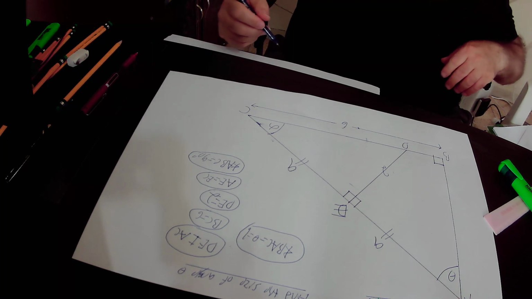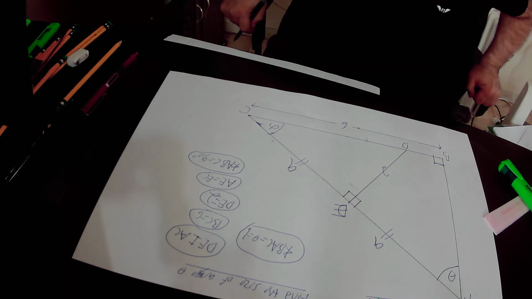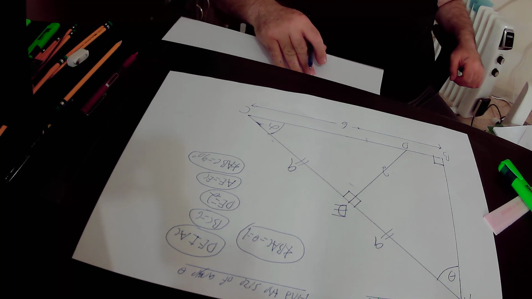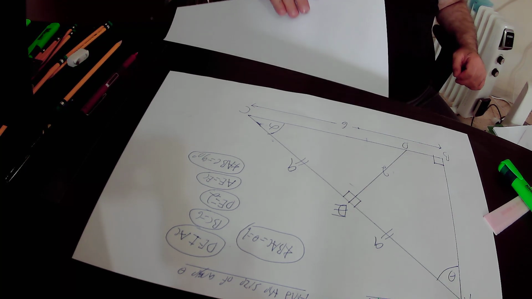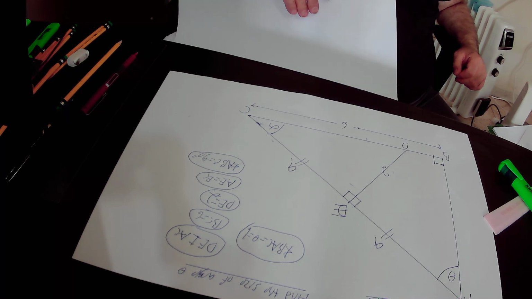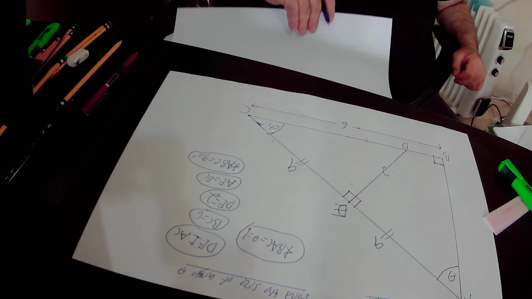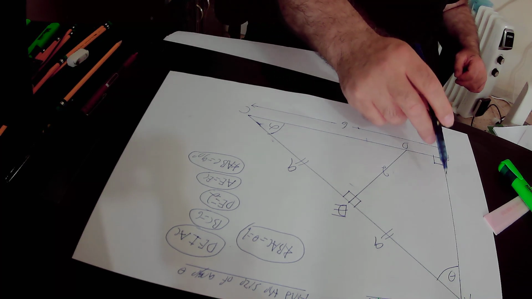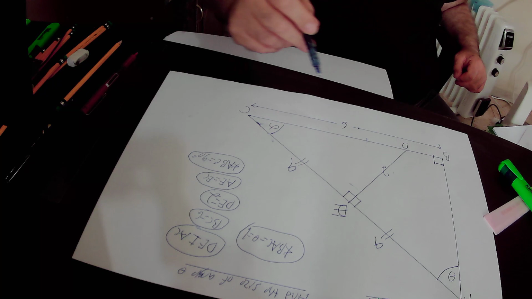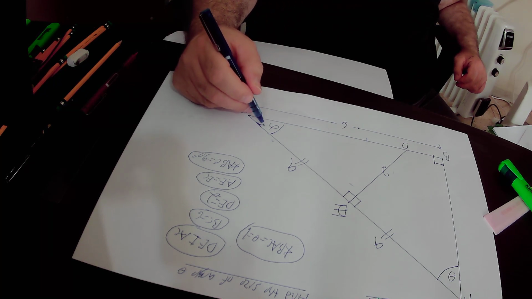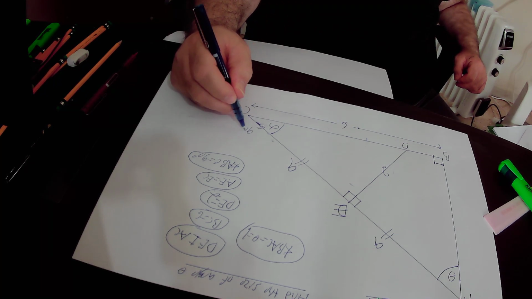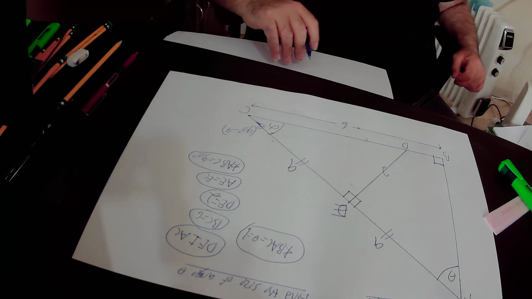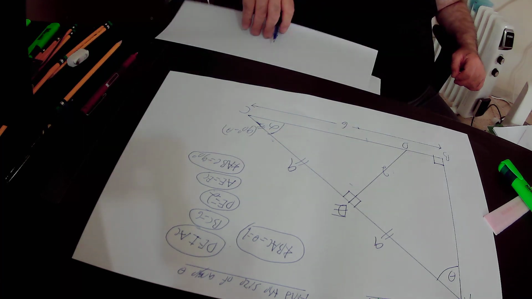So here in the right triangle ABC, I will copy the right triangle ABC. Here we know that because this angle is theta, then this angle must be equal to 90 degrees minus theta. So alpha equals 90 degrees minus theta, exactly as we did in the first method.